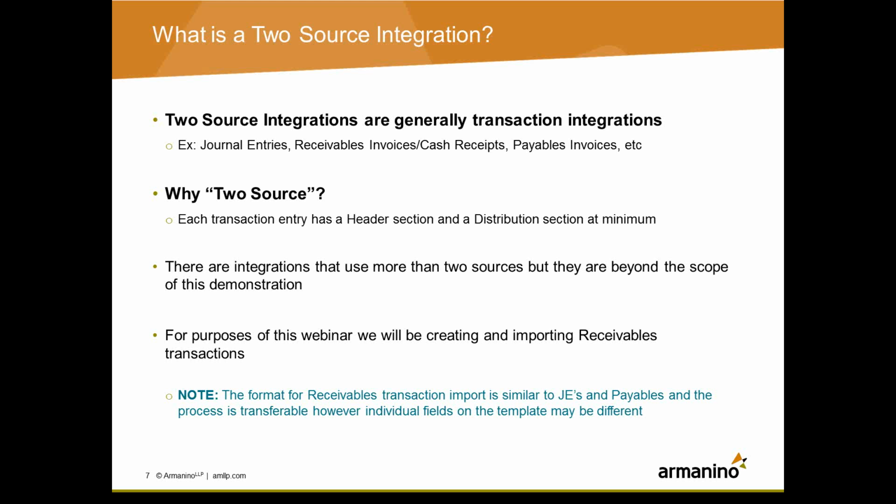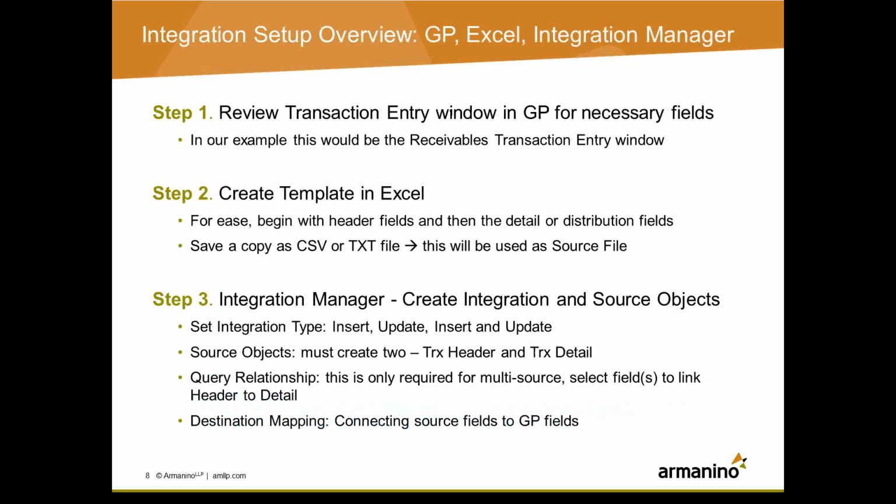So we will continually speak of the receivables transactions. However, just remember that the format and the process is the same no matter what type of transaction you're doing. Just the individual elements such as the fields would be slightly different if it's a payables transaction or a journal entry or a receivables transaction. But the system is the same.